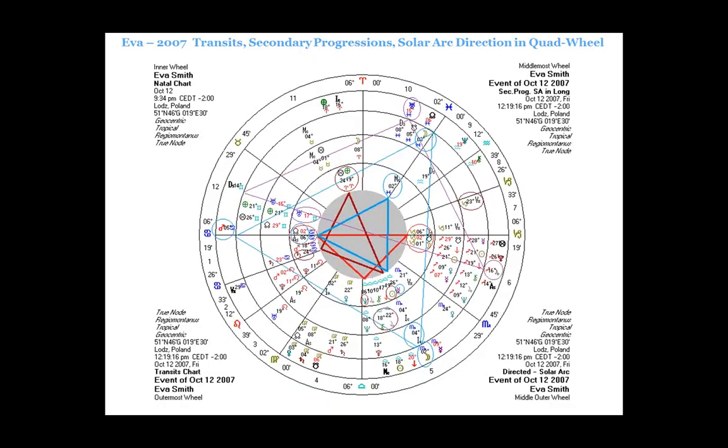And as we see here, it's creating this temporary mutable T-square with these transiting planets, but they bump up against her natal Uranus there. So I do want to mention that right around October, November of that year I had a major career shift.